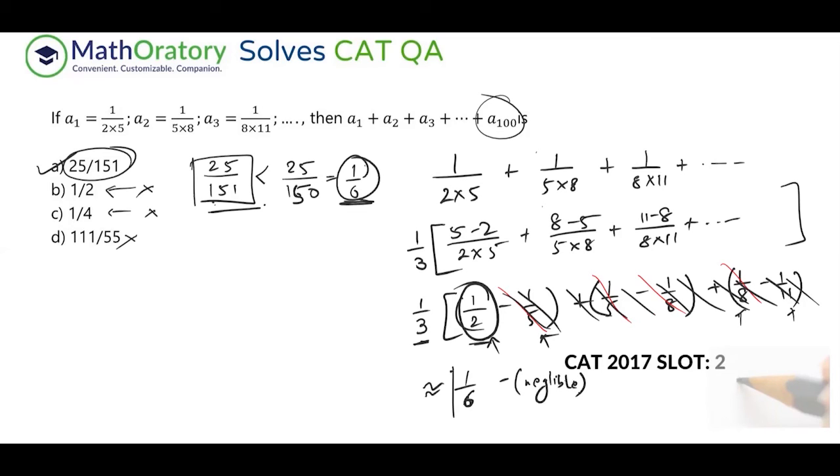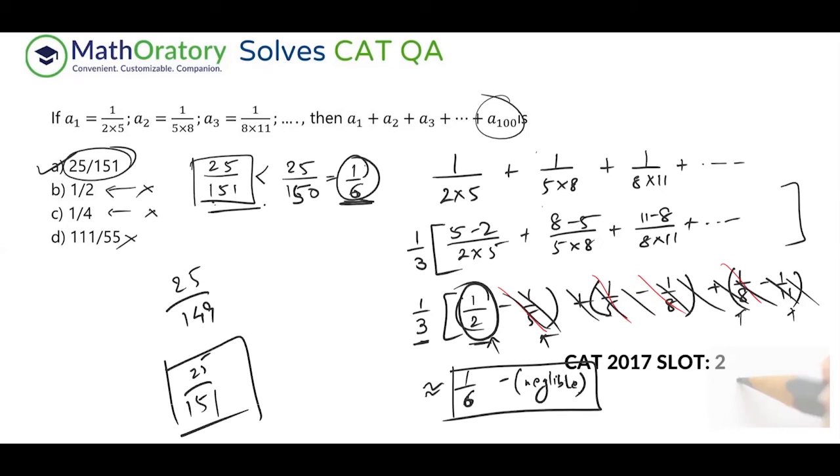So this answer will not only be close to 1 by 6, it will be very negligibly less than 1 by 6. Even if you have a couple of options, one like 25 by 149 and another like 25 by 151, you can select between these two, because 25 by 149 is more than 1 by 6, but the answer should be less than 1 by 6.